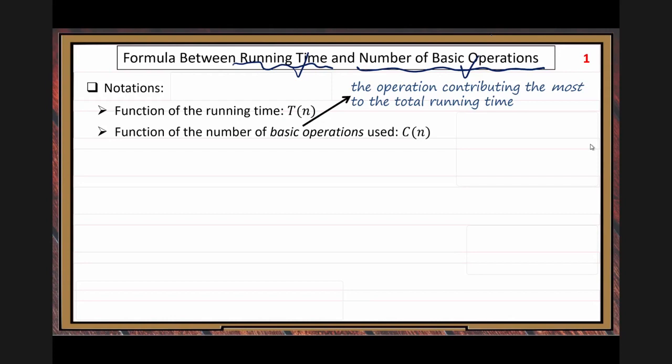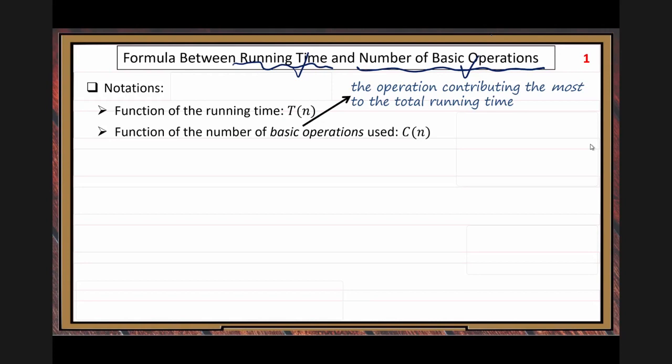For example, in our polynomial evaluation problem, multiplication contributes the most. Addition contributes very little, so we can ignore the addition part. We only take the multiplication part. So we treat multiplication as the basic operation in that example.